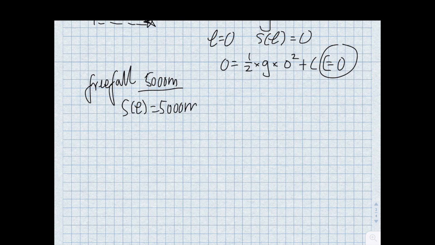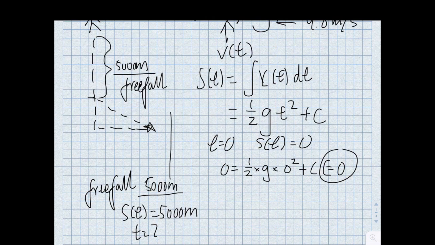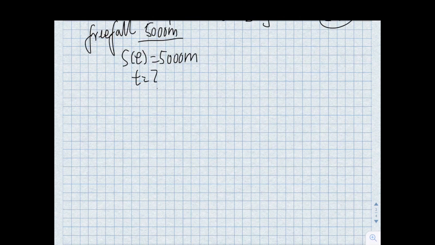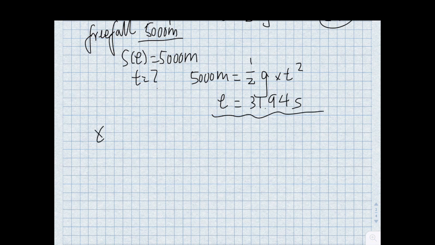Given s(t), we apply the equation to solve for t, the time Mr. Schnurr free falls. Then 5,000 meters equals half g times t squared. By calculating, we find that t equals 31.94 seconds.